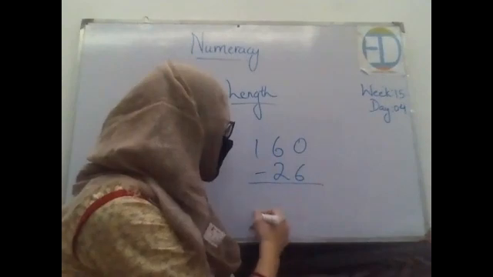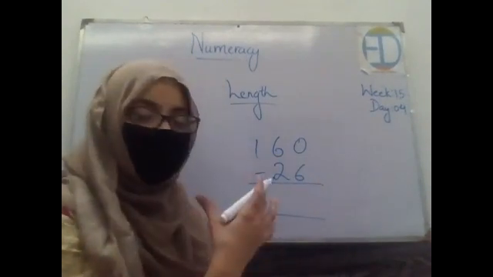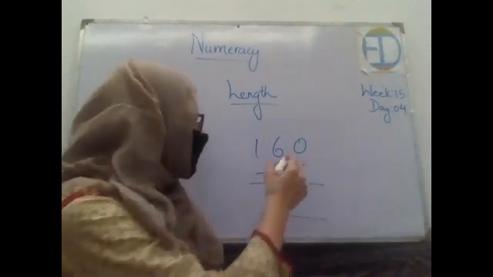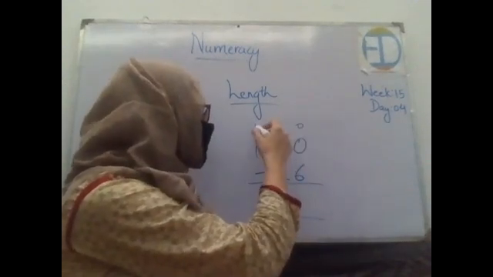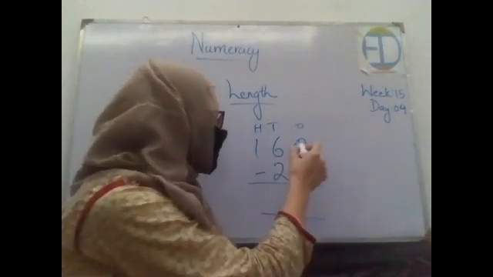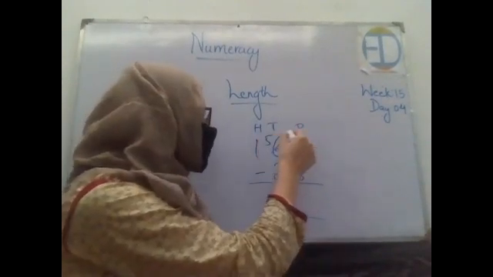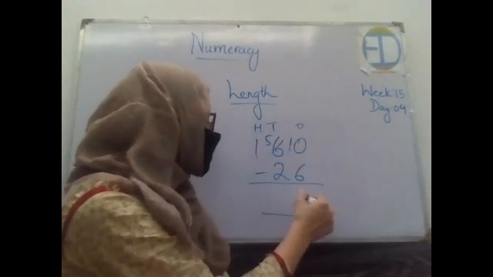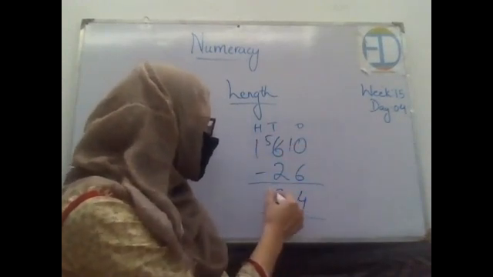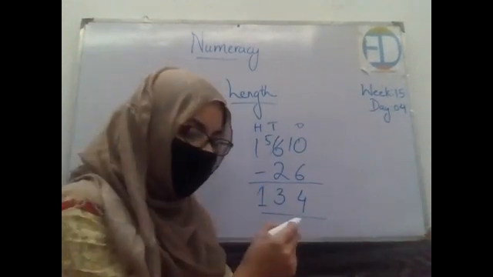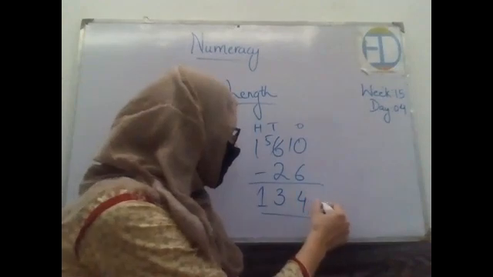See, now the practice of the number operations that we have done is helping us right now, right? Okay, we will be using the same procedure. Can we subtract 6 from 0? No. So this is a question of carrying over. This will turn to 10. 10 minus 6, 4. 5 minus 2, 3. So what is the height of Pam? 134 centimeters.